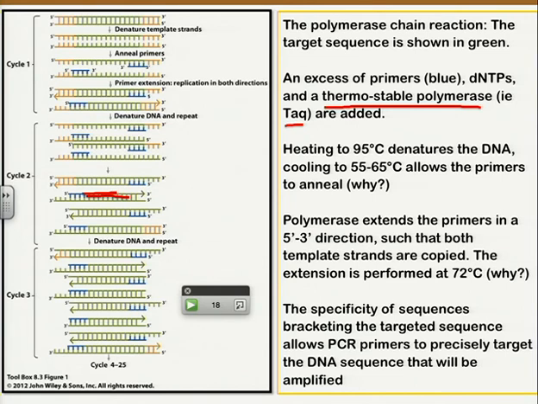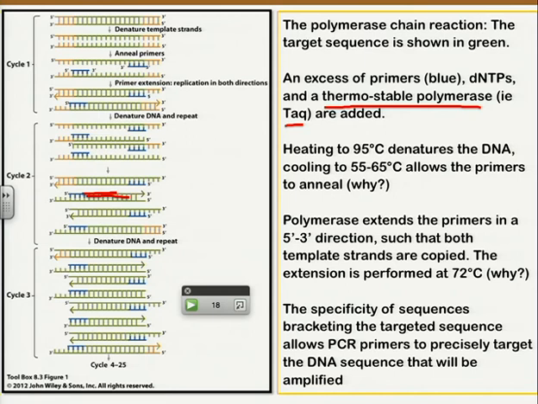And that's good because then you can keep the temperature nice and high. That means that you never have to bring the temperature down so low that your primers can anneal non-specifically. And also it means that this thermostable polymerase is a protein that doesn't itself denature or become inactive when you raise the temperature up to 95 to denature the DNA. So you can denature the DNA in the presence of the polymerase enzyme, and it is not harmed by that elevated temperature.